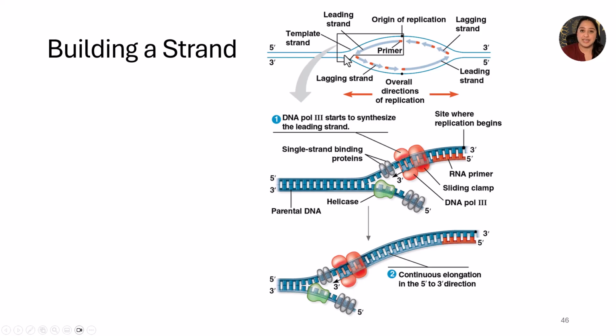It's kind of lagging because of that. So that's what I mean. The template strand is the parent strand that you're reading and it's being built off of. One of them is the leading strand, the other one is going to be a lot of starts and stops, and that's the lagging strand. So they're building in opposite directions because they have to be built 5' to 3'.